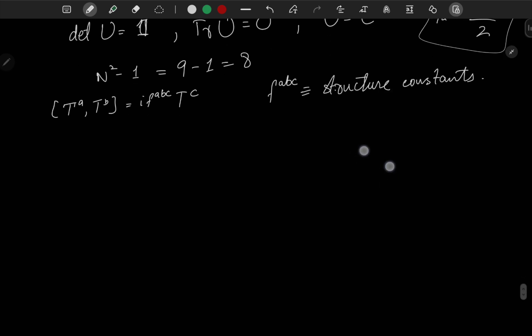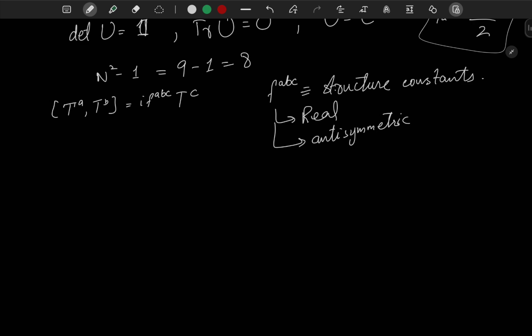And more about the structure constants is that they are real and they are anti-symmetric, yeah, they will be anti-symmetric with respect to each index exchange.